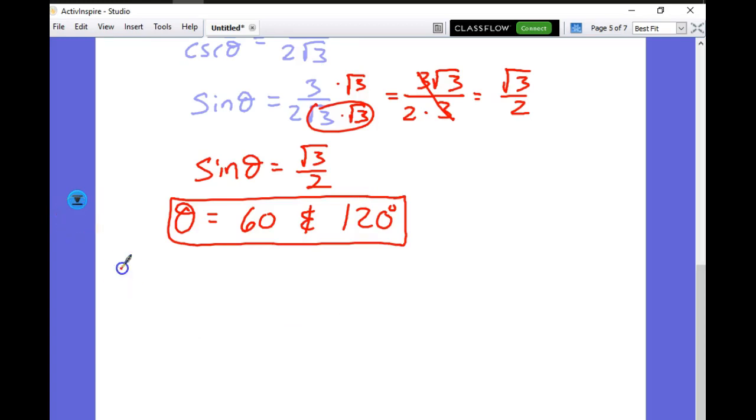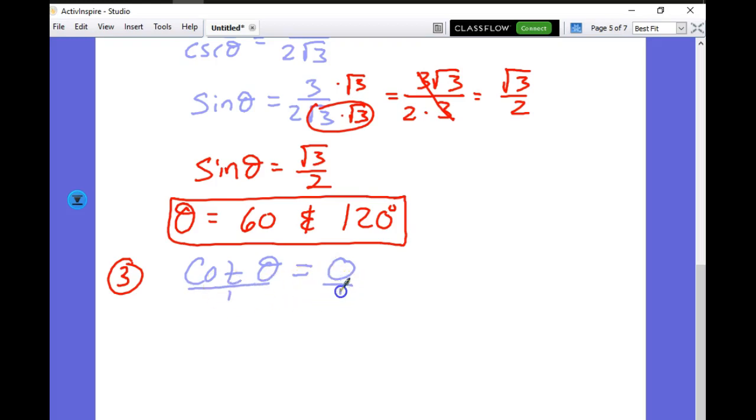Let's do one more. Let's do tangent of theta. No, sorry about that. I don't want to do tangent. We want to do cotangent. Cotangent of theta is equal to 0. All right. So what do I do first? Reciprocal.